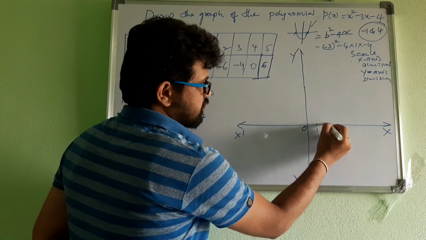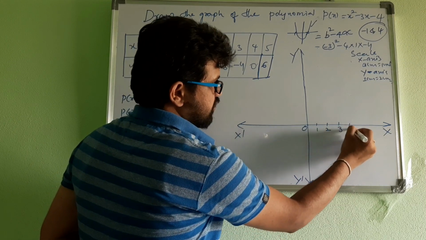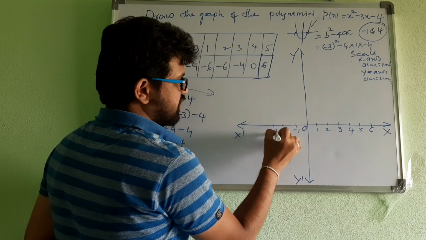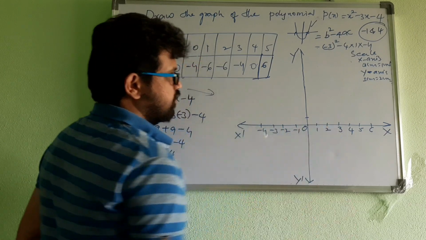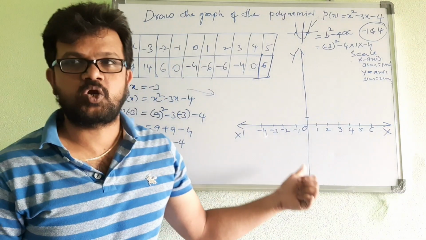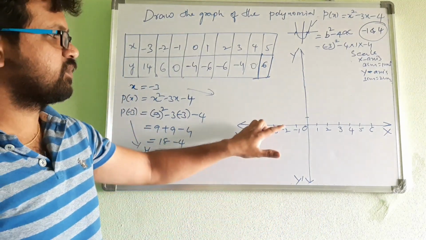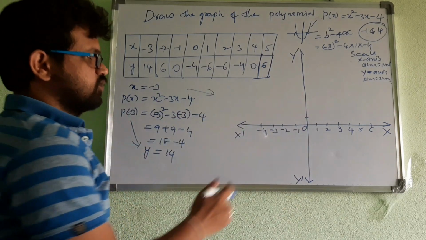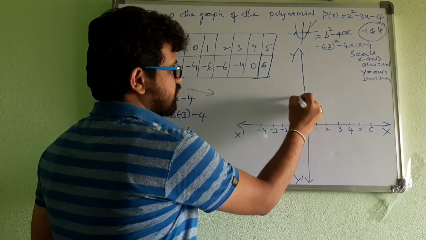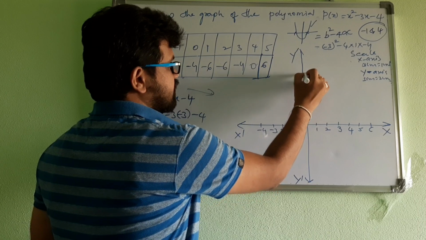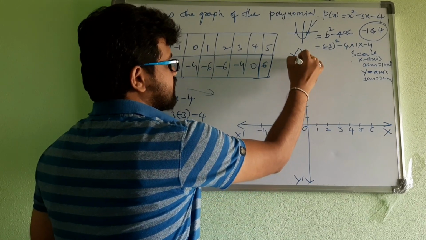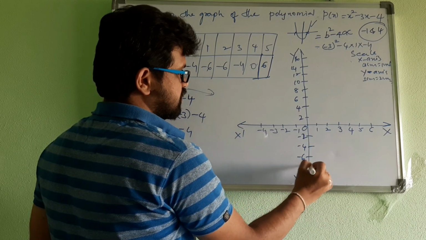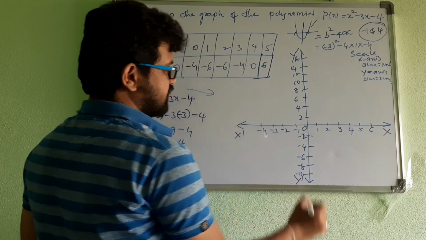So 1 2 3 4 5 6 here, -1 -2 -3 -4, and on y axis I am taking 2 units. Here we are not taking exact values. So 2 4 6 8 10 12 14 16 and -2 -4 -6 -8 -10.